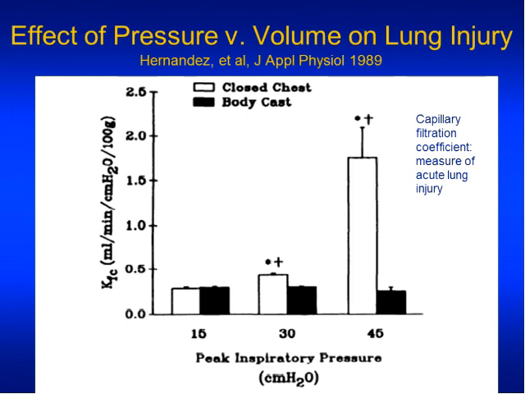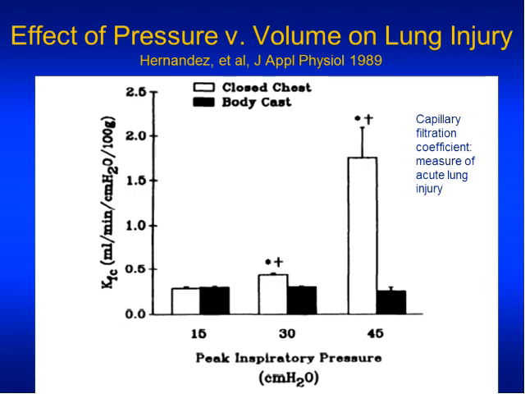So this was a short-term experiment. And what they did was they had a control group, just regular rabbits, and they had animals in whom there was a plaster cast applied around the chest and upper abdomen to limit tidal volume excursion. And so what happened?